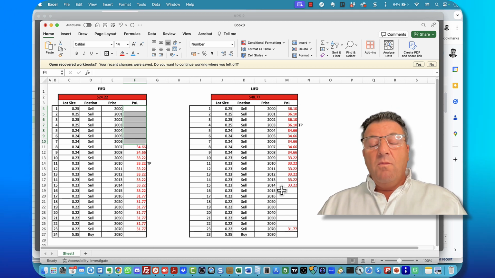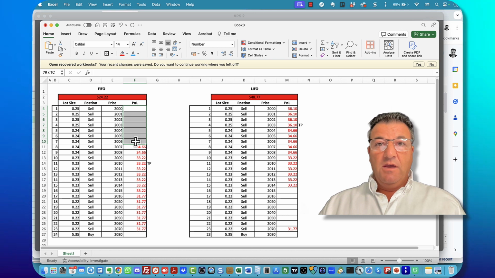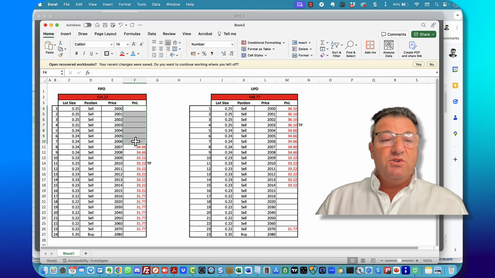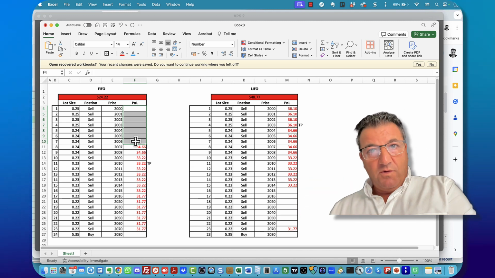So you'll have more trades removed than less trades removed. So what would you prefer? Would you prefer to have more trades removed from your drawdown or less trades removed from your drawdown?